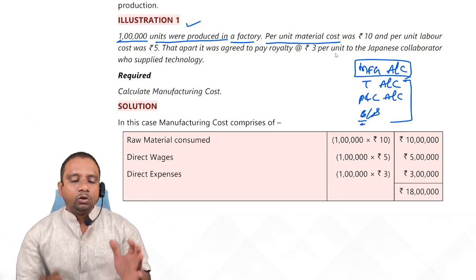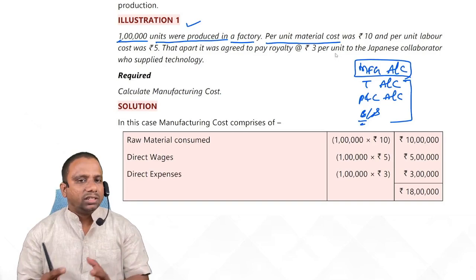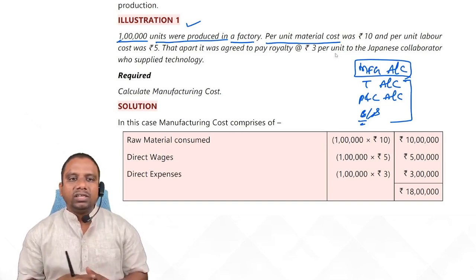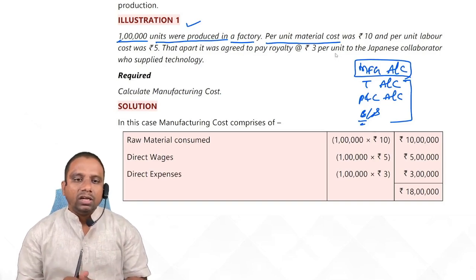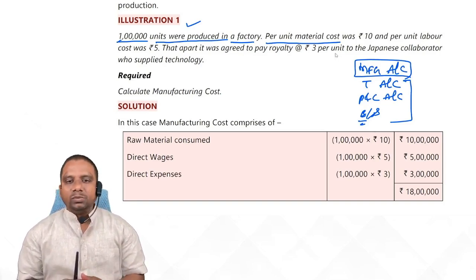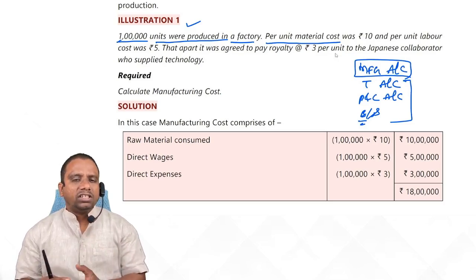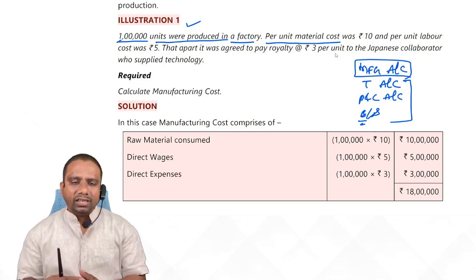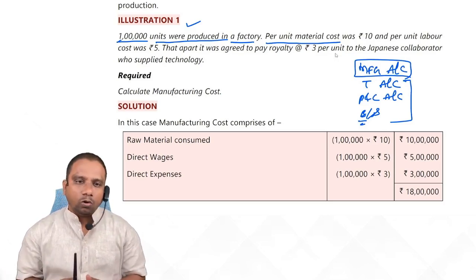Cost can be classified into direct material, indirect material, direct labor, indirect labor, direct expense, indirect expense. All direct components can be called prime cost and all indirect components are called overheads. Overheads can be classified into production overheads, administrative overheads and selling and distribution overheads.